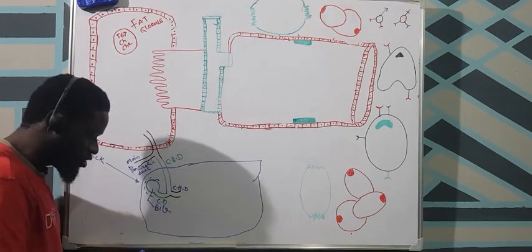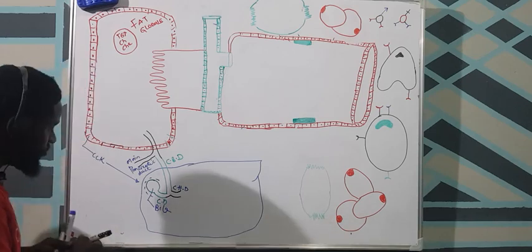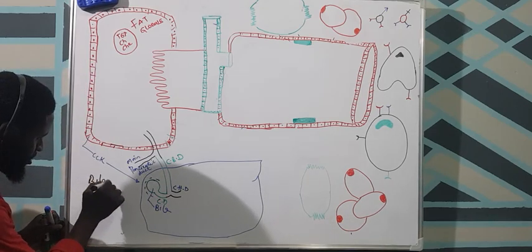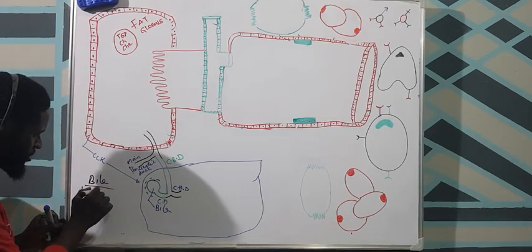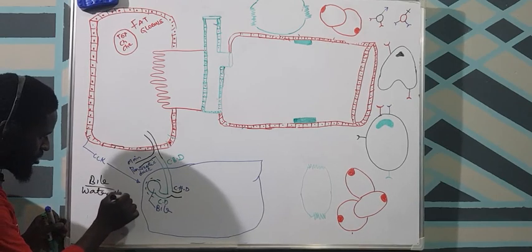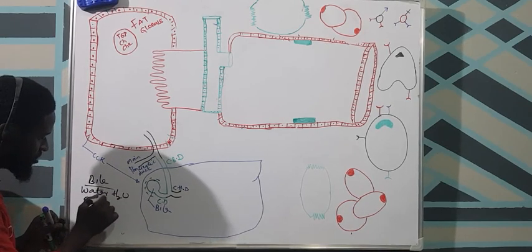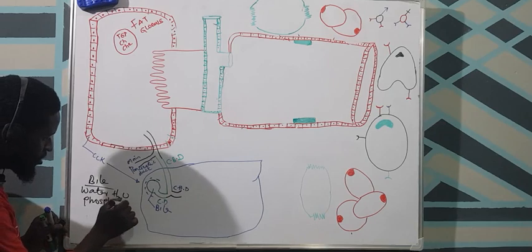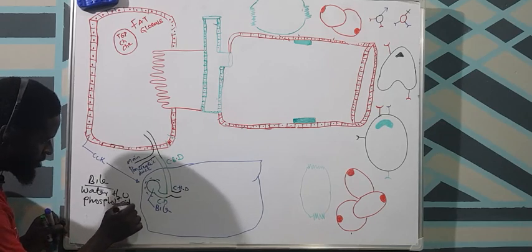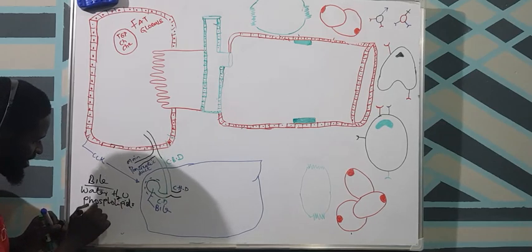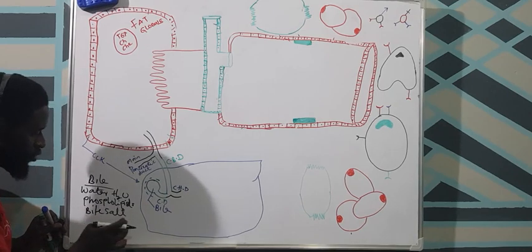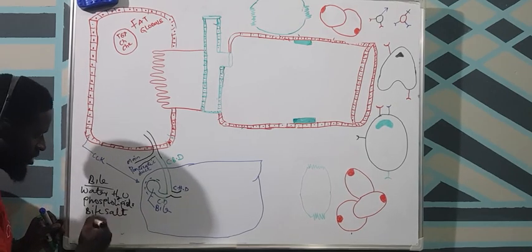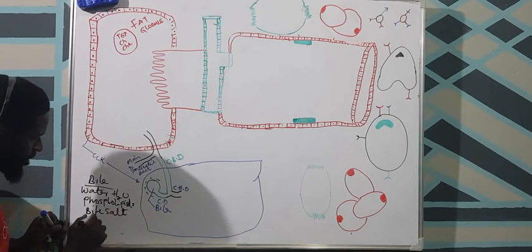And what are the constituents of bile? We can have water, some phospholipids, bile salts. This is what we should be focusing on, this bile salt, and even some electrolytes.